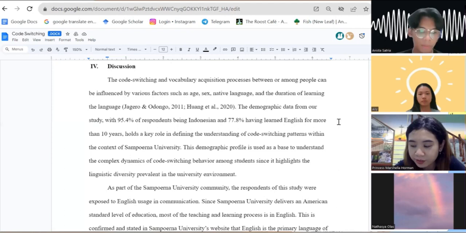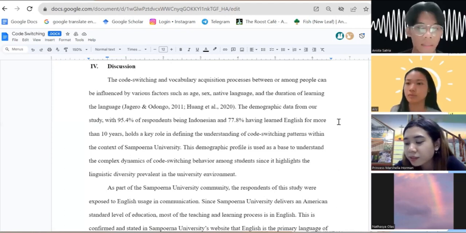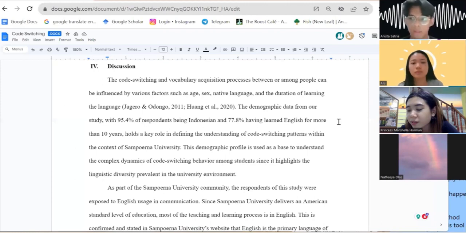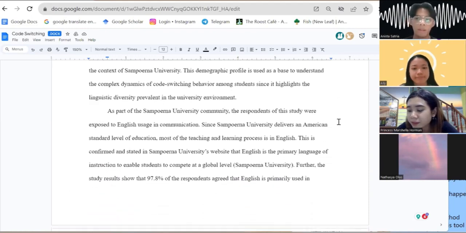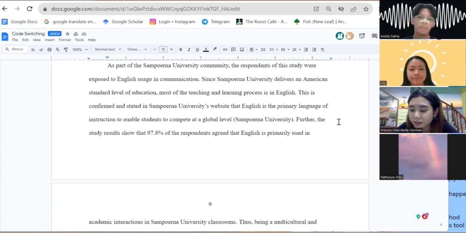And then, as part of the Sampoerna University community, our respondents are already exposed to using English as the main communication, especially in the classroom environment. Because Sampoerna University stands out for delivering American standard education and its commitment to use English as the primary language of instruction, it is evident on the Sampoerna University website.